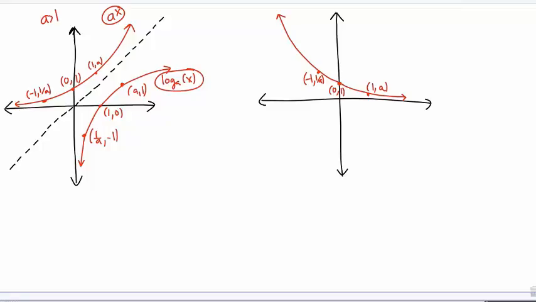How about over here? This is when a is between 0 and 1. What does the graph of log base a of x look like over here? Well, we have the same 3 points. We have 1, 0, which is right here. We have a, 1, which now is up here, since a is between 0 and 1.